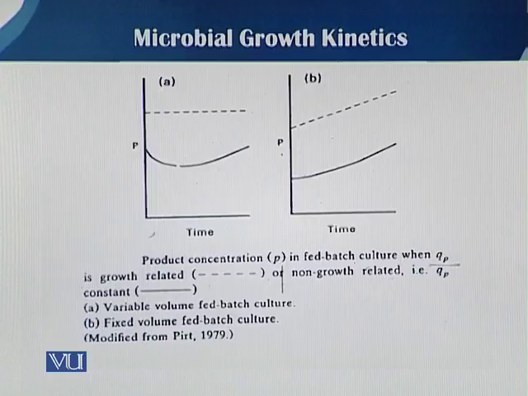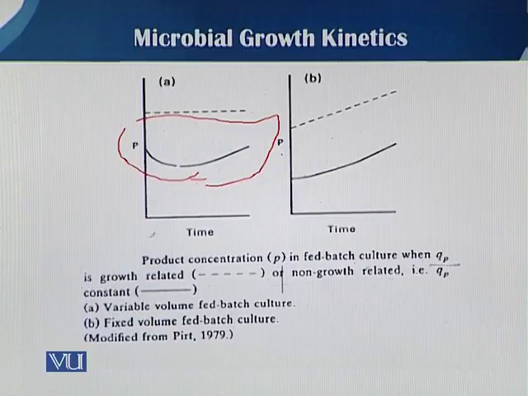In this relationship, in the variable volume, the dotted line shows the product that is associated with the biomass, because in variable volume x remains constant, meaning the biomass concentration remains constant, as well as the product concentration.